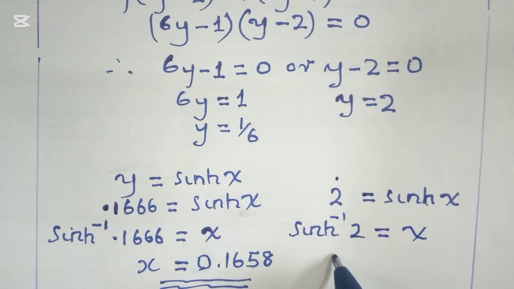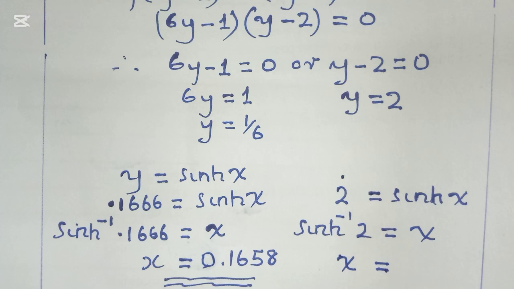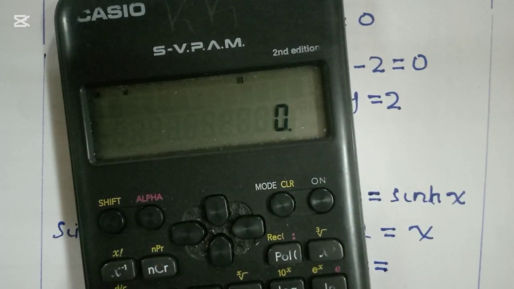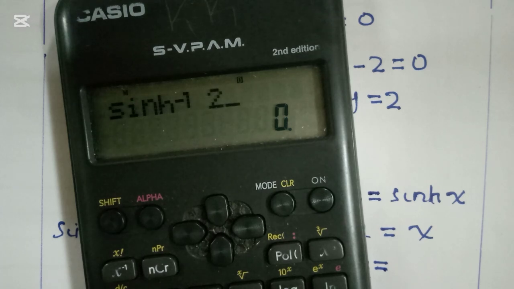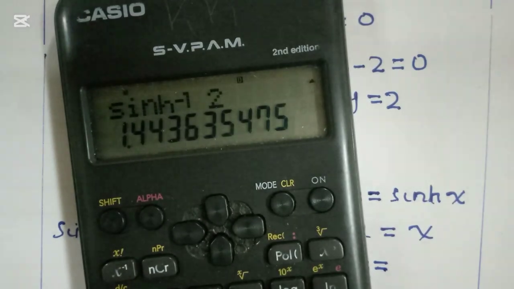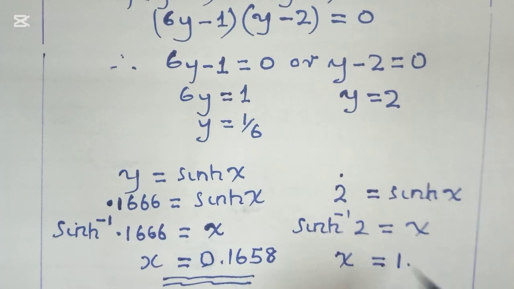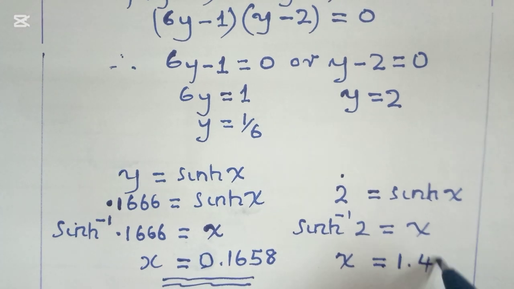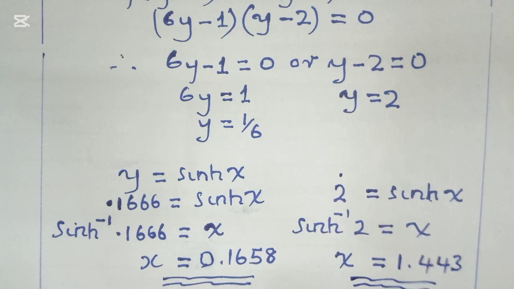So x now is going to be, we do the same. We go to shift first, then hyperbolic, we go to sine hyperbolic inverse, then we want 2. That gives us 1.443. So this one is 1.443. So guys, this is also our solution.